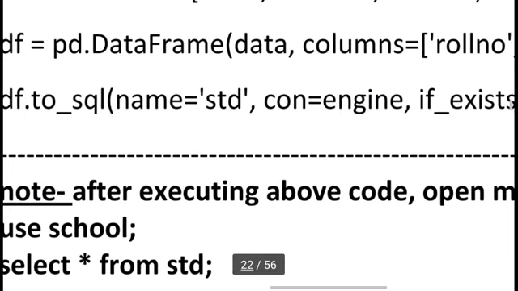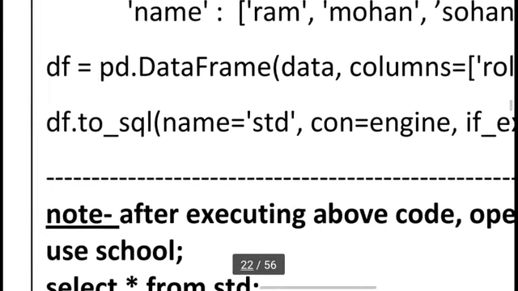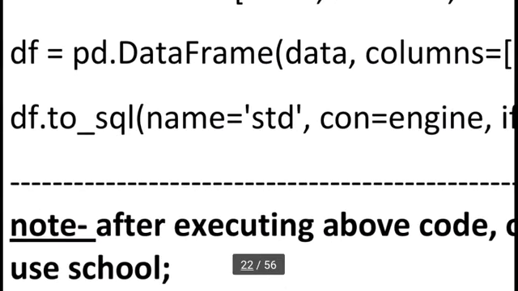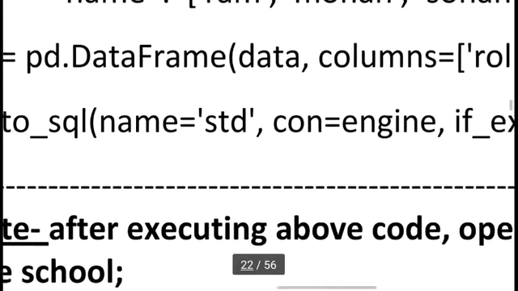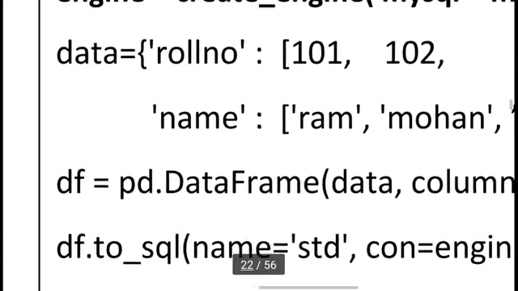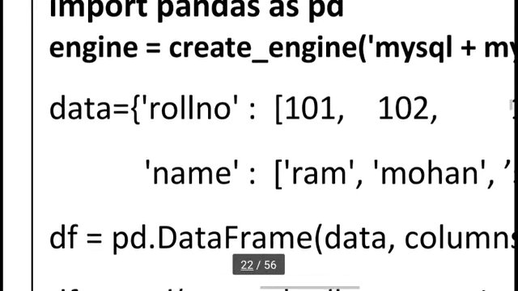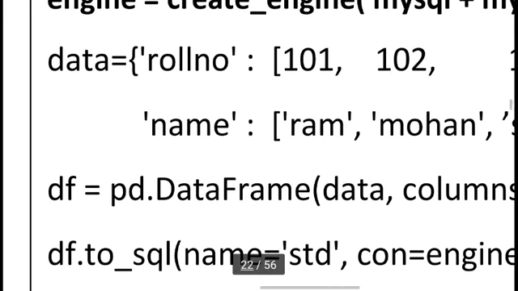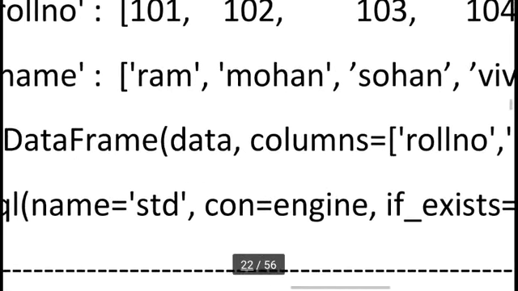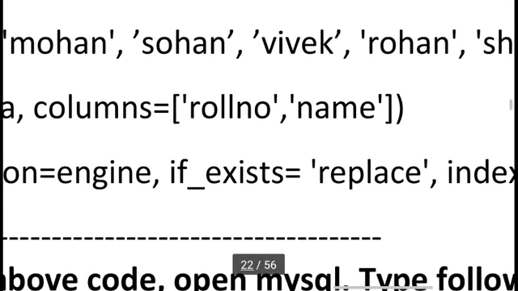So here I am typing the table name in advance. name equals std. So the df data frame will transfer into the std table. Connection engine: this is called the engine variable, which holds all the technical details of the MySQL database. And if_exists replace means, if the std table is already created in the school database, it will be replaced.